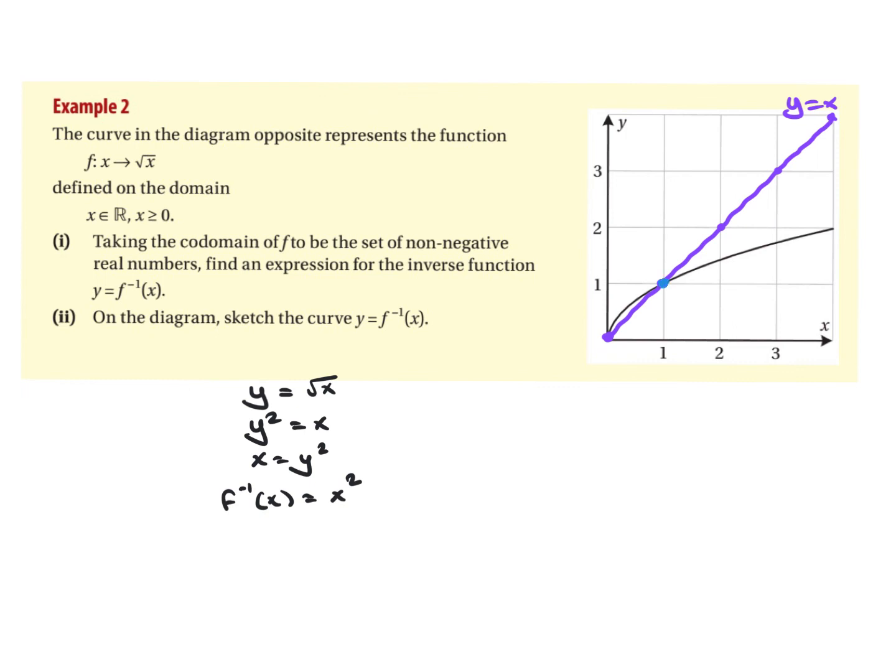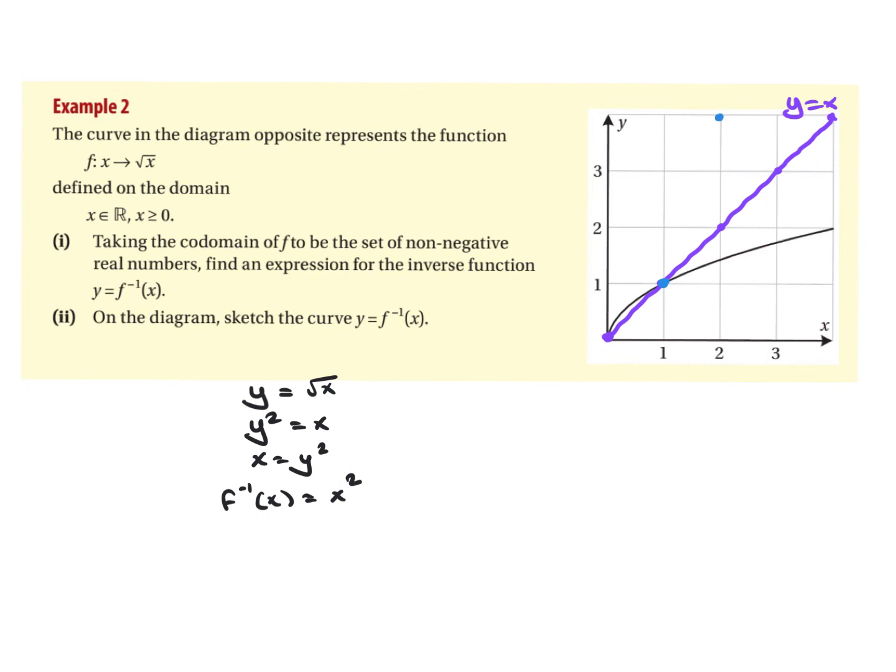If I put 2 through this inverse function, I'm going to get 2 squared, which is 4. Now 4, according to this, is somewhere there, isn't it? So for the coordinate, just go across to 2, go up to 4, so the coordinate there is 2, 4.